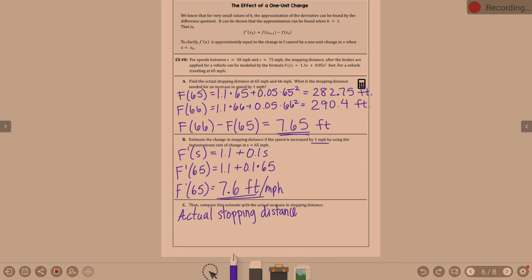And I'm also going to say at 66 miles per hour, stopping distance increases by about 8 feet.